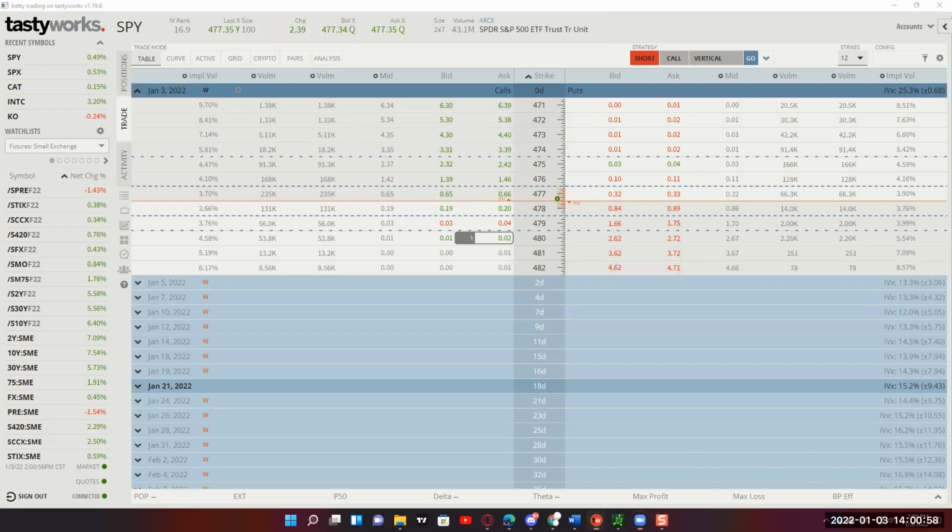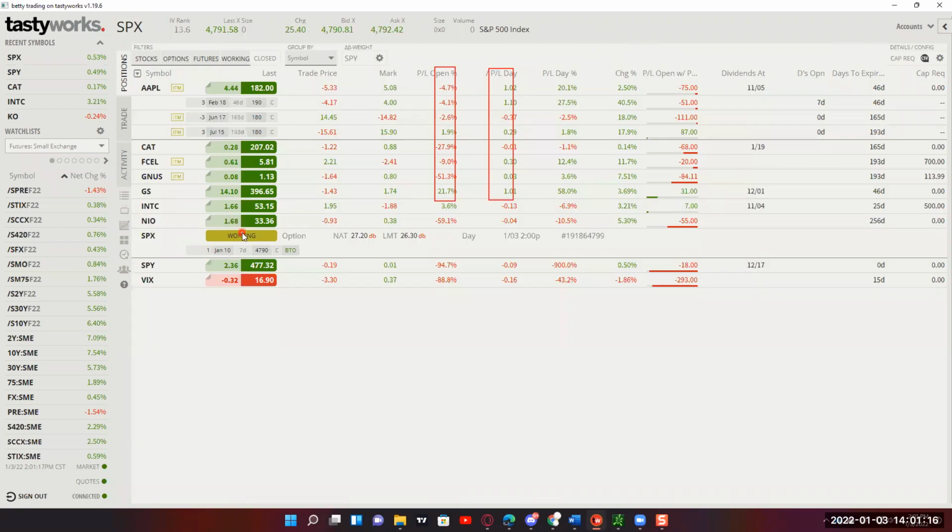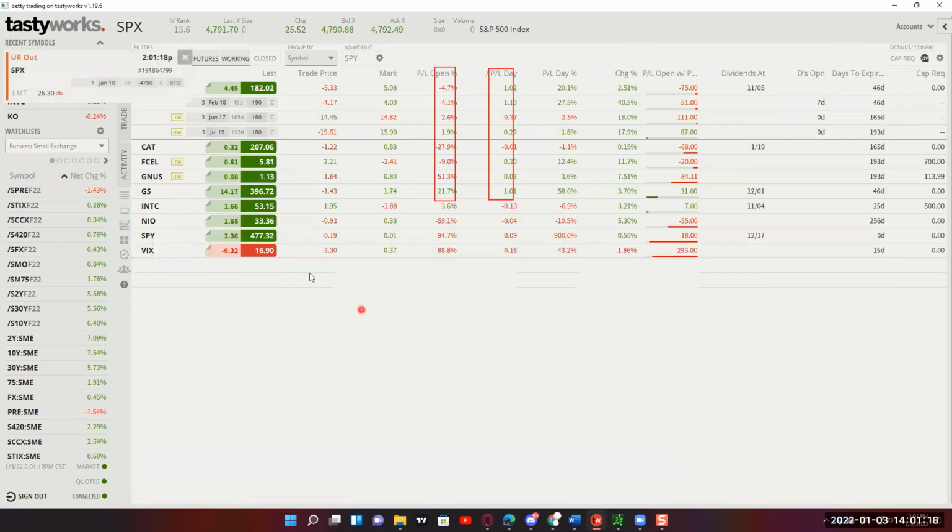The difference in the bid and the ask on SPY is around 1 or 2 pennies. And the problem with getting filled, like me not getting filled in that SPX trade that I just attempted to get into, is when we're trying to hit the mid. I'm just going to cancel that.